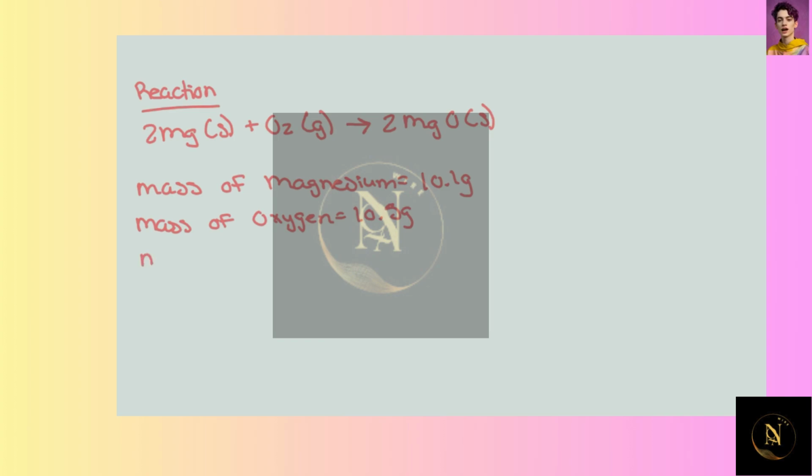The molar mass of magnesium is 24 grams. And the molar mass of oxygen is 32 grams.